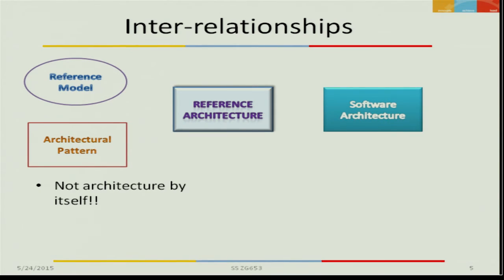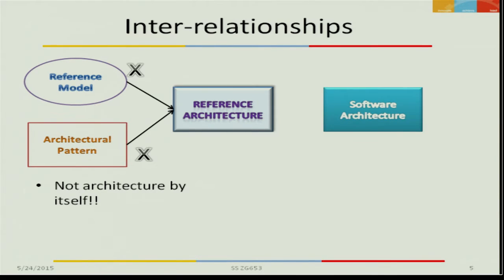So they are not architecture by itself. So reference model is not an architecture. Architectural pattern is also not an architecture, but you can combine the reference model and architectural pattern. You can use these two to actually form a reference architecture.